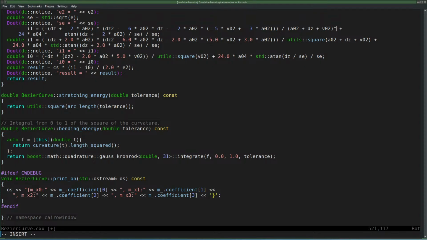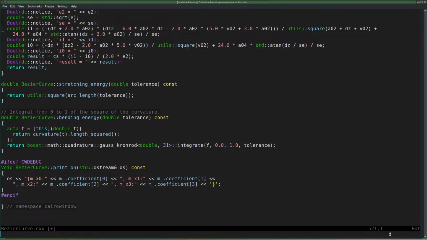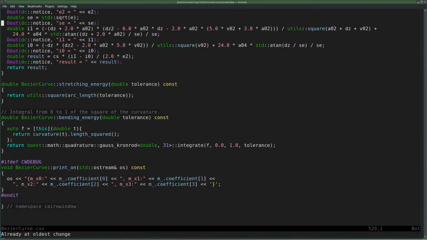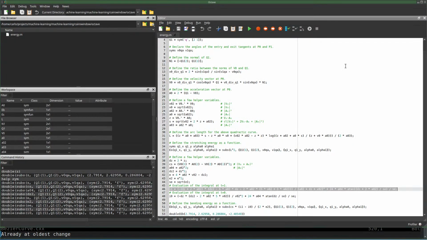There should be a 2 there. I don't see any other difference. Yeah, 2 is just missing. Let's not give a warning, Octave thought.